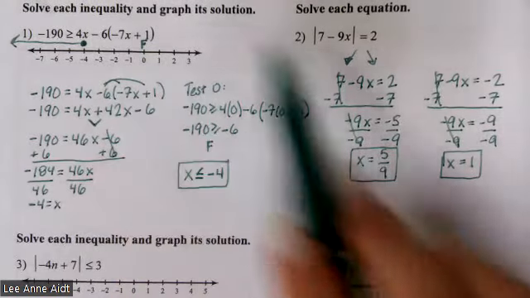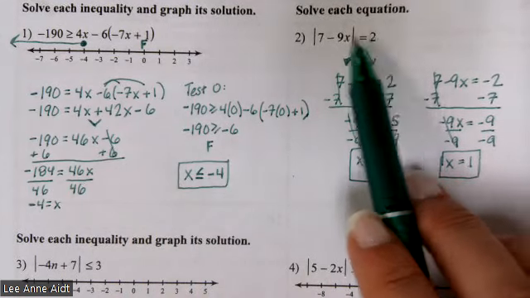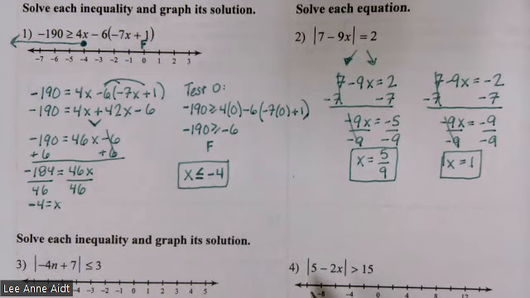Notice that this one, number 2, doesn't have a number line or anything. It's just an equation. So you're just going to get 2 answers. That's it. No graphing, no testing, anything like that, because it doesn't have an inequality symbol on it.